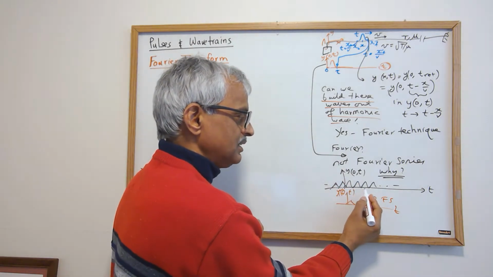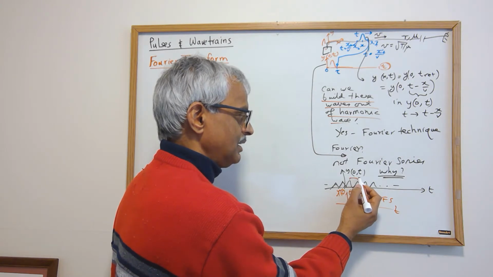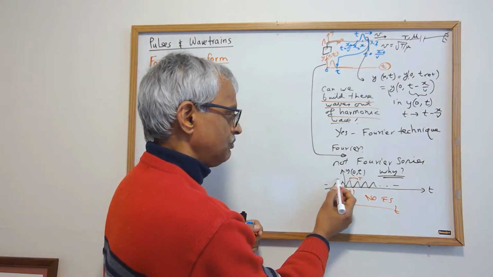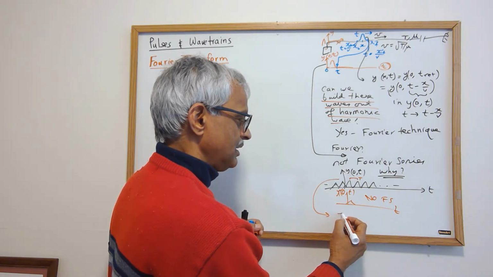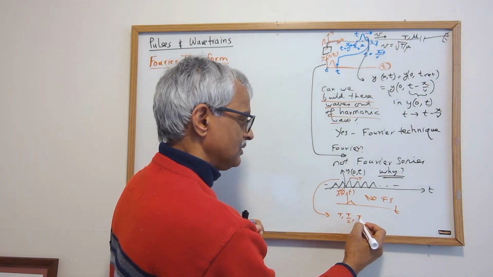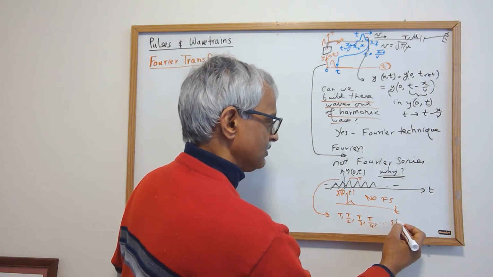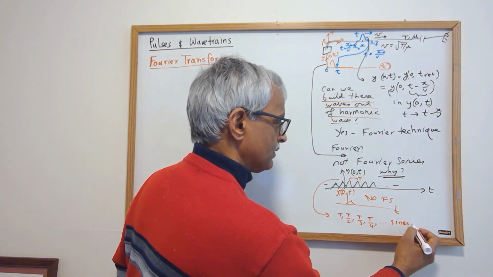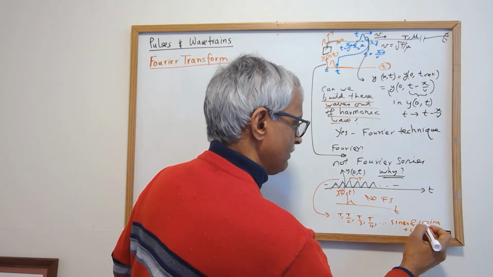When you had a Fourier series, and this was a period T, then it was made up of period T, T over 2, T over 3, T over 4, sines and cosines, plus a constant term, right?